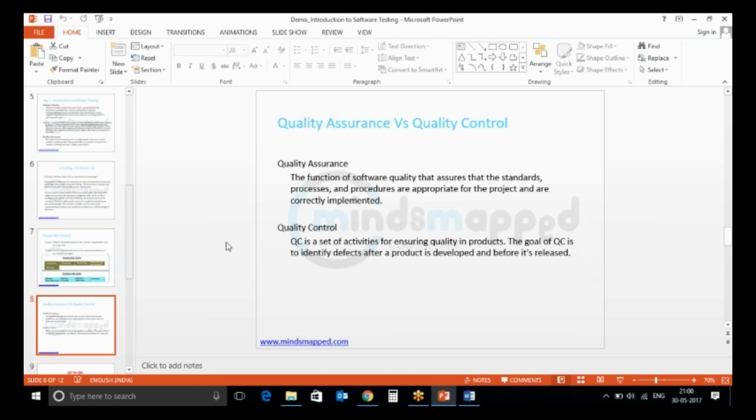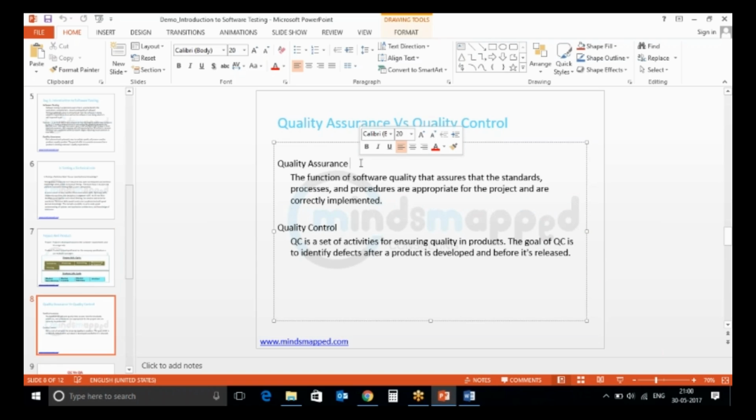Okay. So now comes in quality assurance versus quality control. We discussed in the past slides as well that quality control is nothing but the process of identifying defects or bugs or glitches in the system that might affect the system adversely.